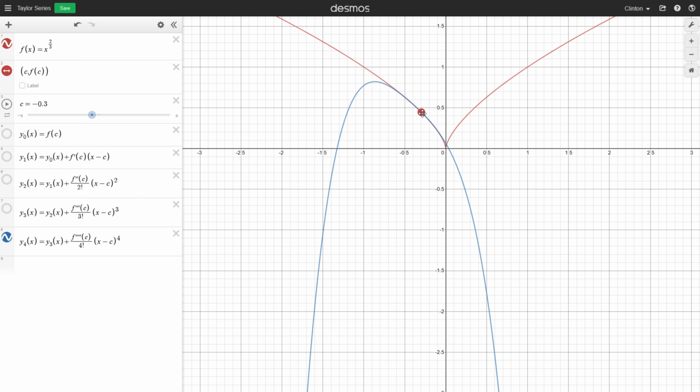Because if we move 0.3 to the right, we're going to hit that issue. We're going to hit 0. That's going to cause problems. So the location of these issues, these singularities, these poles, these discontinuities or points of limited differentiability, not infinite differentiability, that is going to limit our radius of convergence.